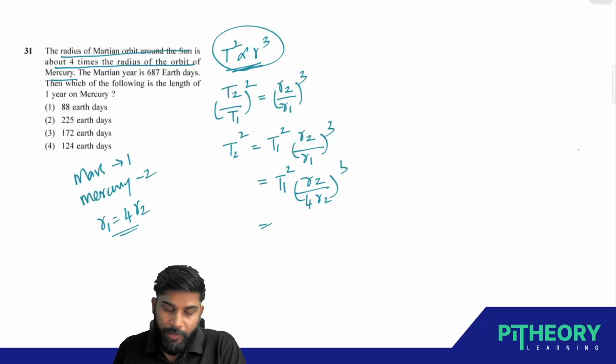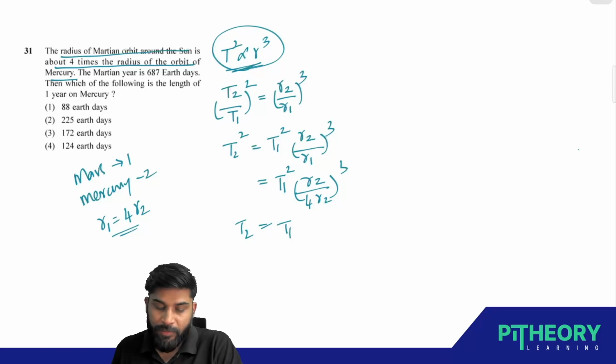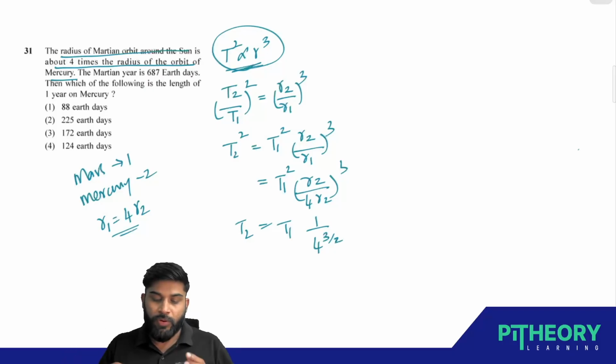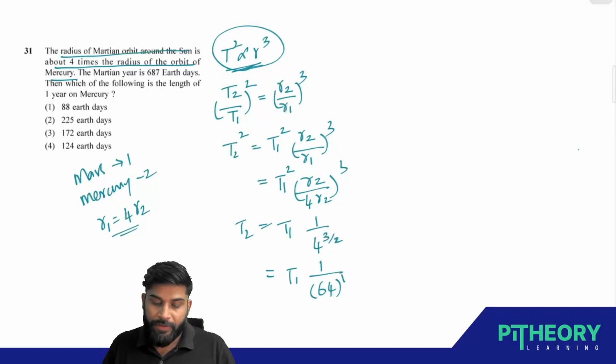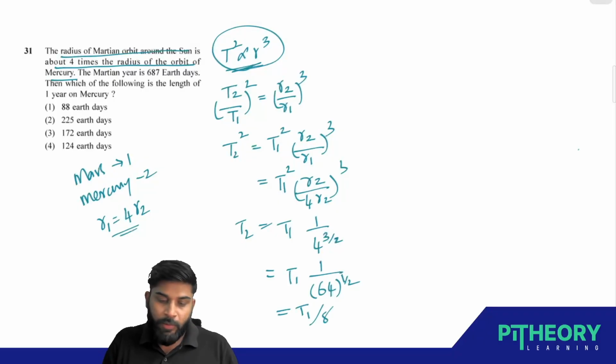Now if I take a root on both sides, you get T2 equal to T1 into, taking the square root, to the power 3 by 2, so 1 by 4 cube to the power 3 by 2. In simple terms, T1 into, 4 cube is 64, 4 4 is 16 into 4 is 64, whole to the power half, which is nothing but T1 by 8.